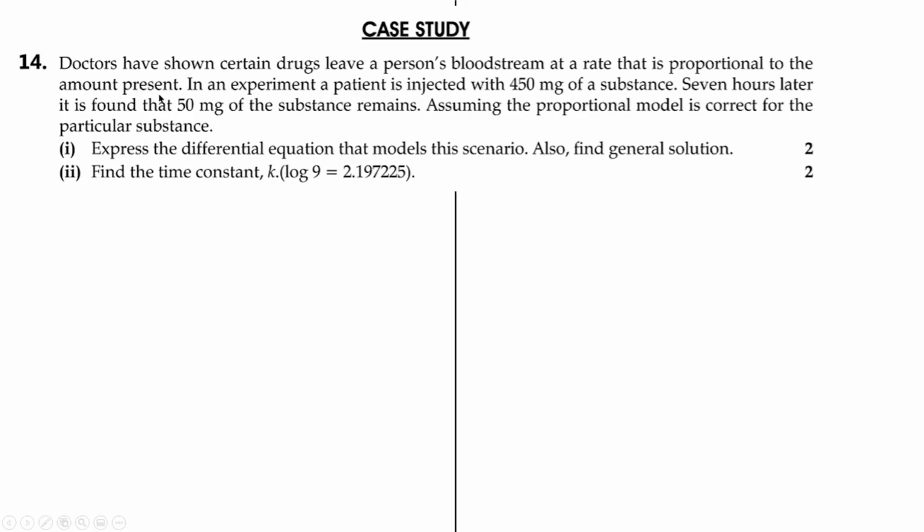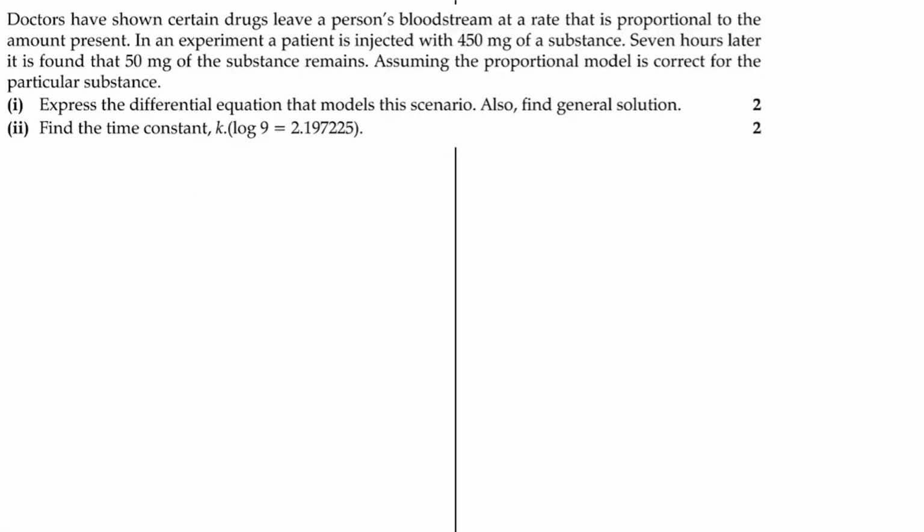We have to express the differential equation which will model this scenario, and we have to find the general solution. So let us do that first. Let x be the amount of drug at any time t, and x naught is the drug which is taken initially.